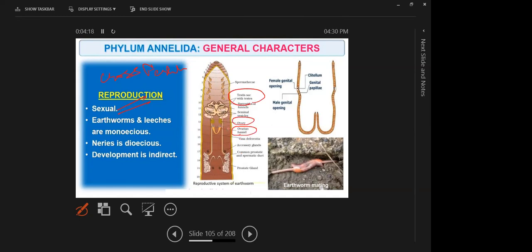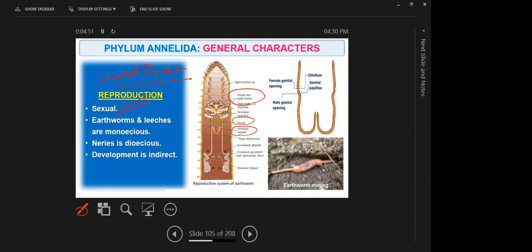But still it is cross fertilization. That means sperms are discharged from another earthworm into the female oviduct. Why? It can't do it for itself. Correct. Because of the maturity of sperms at a different time and eggs at a different time, therefore there is cross fertilization.